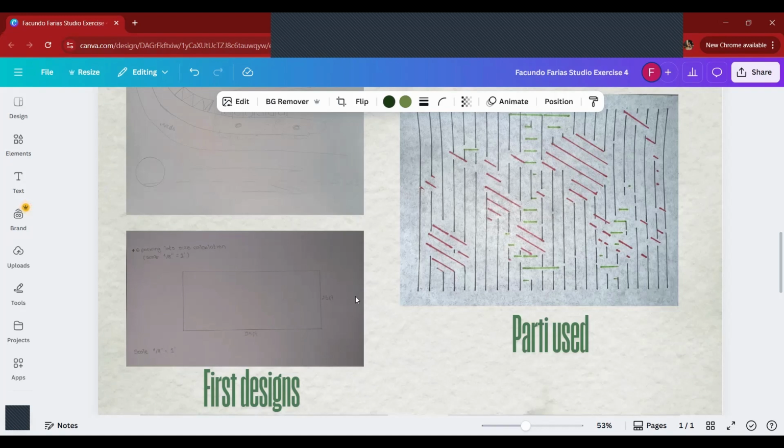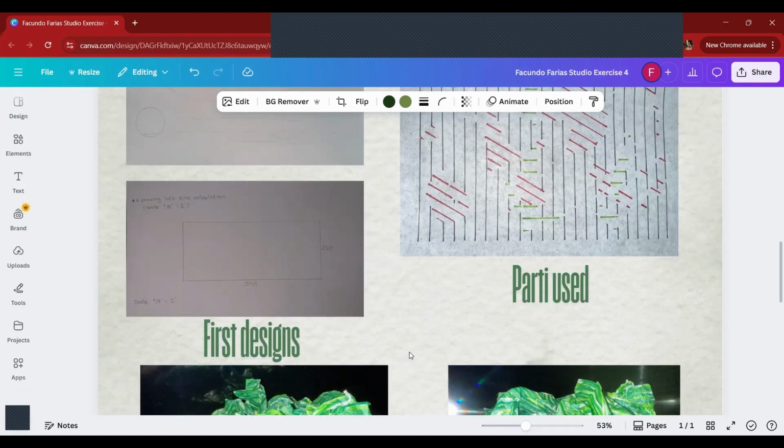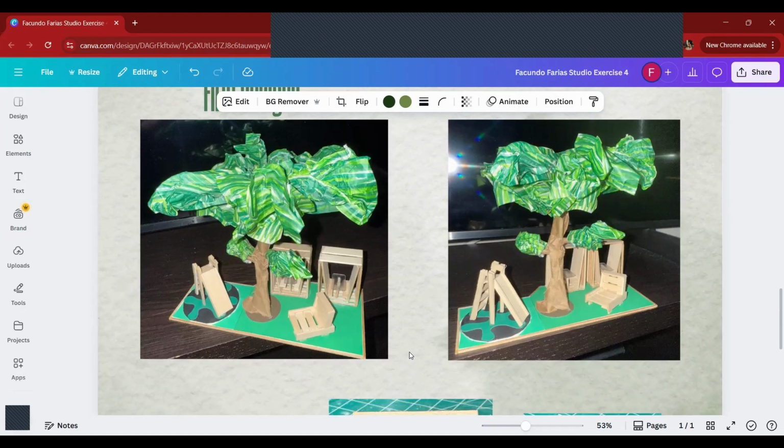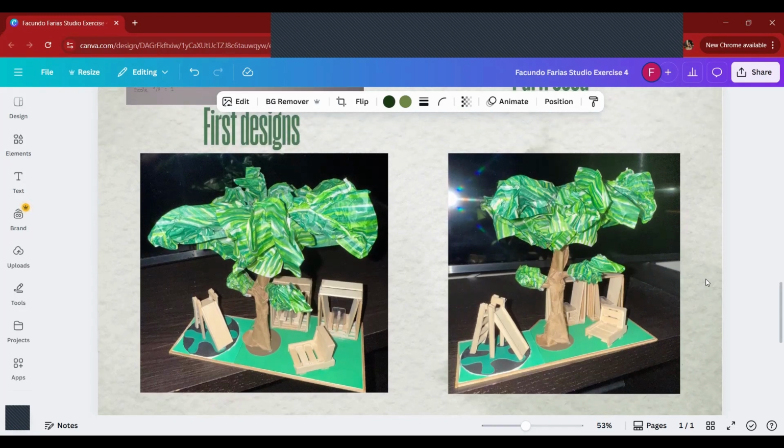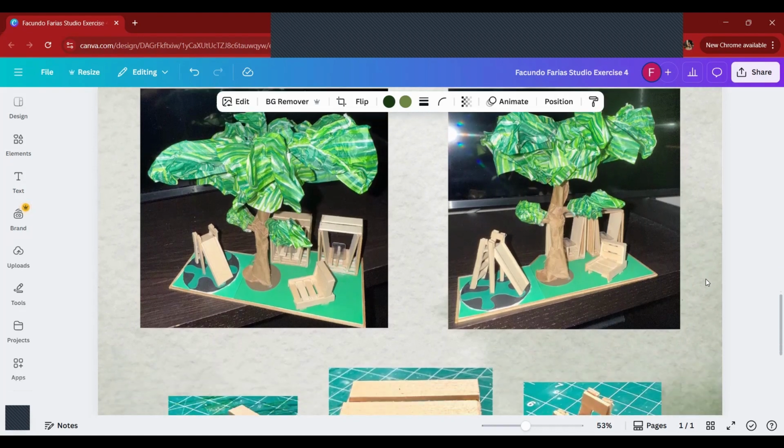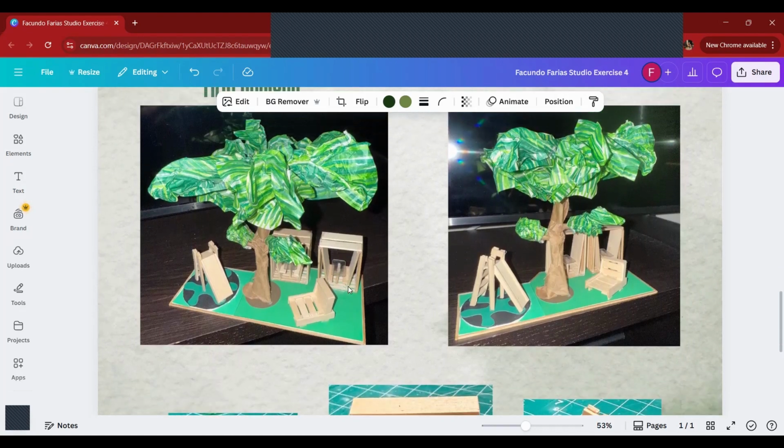This one is the size that I used for the project, and this one is the final project.